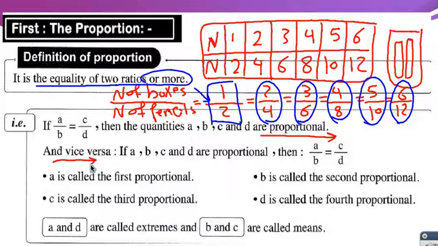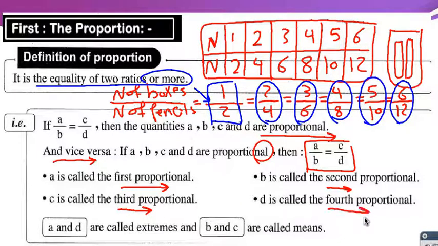If A, B, C, and D are proportional, then A over B equals C over D. And A is called the first proportional, B the second proportional, C the third proportional, D the fourth proportional. A and D are called extremes, B and C are called means.